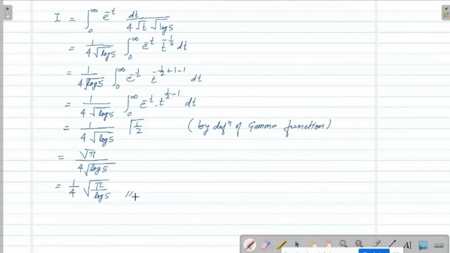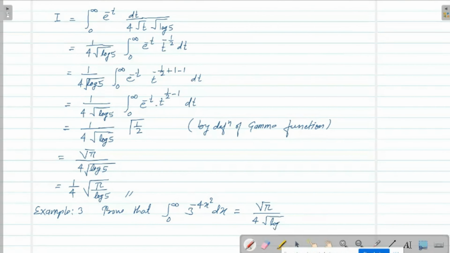Example number 3. Prove that the integration of limit 0 to infinity 3 raised to minus 4x square dx equals square root of pi by 4 square root of log 3.